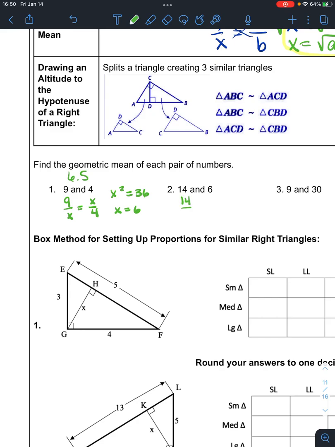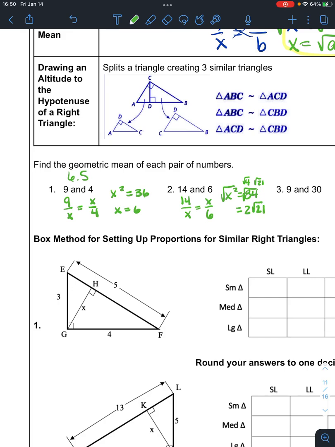Okay, number 2, the geometric mean of 14 and 6 would be 14 over X is equal to X over 6. 14 times 6 is 84, so X squared is equal to 84. And then we want to leave our answer in exact simplified radical form. So when we take the square root of both sides, the biggest perfect square that goes into 84 is 4. So that would be the square root of 4 and the square root of 21. I know what the square root of 4 is. It's 2.